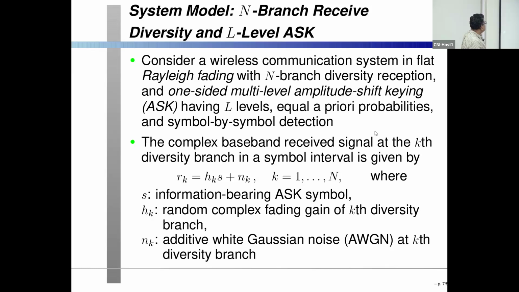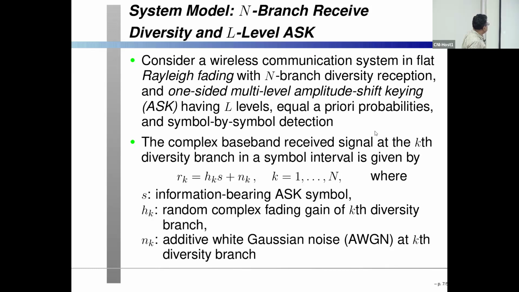If you bring the signals down to baseband and take sampled versions, then for the kth diversity branch, which we can visualize as the kth antenna element at the receiver, we have a single antenna at the transmitter and multiple antennas at the receiver. So, it is basically a SIMO system, single input, multiple output.